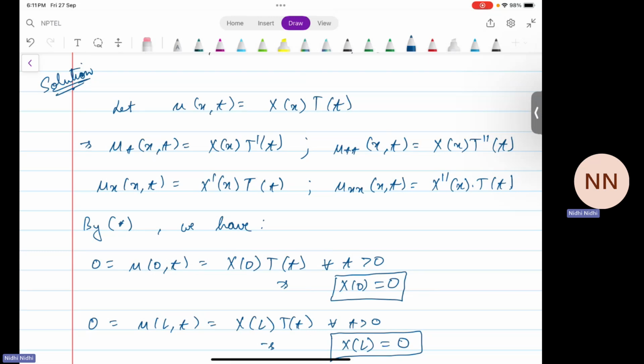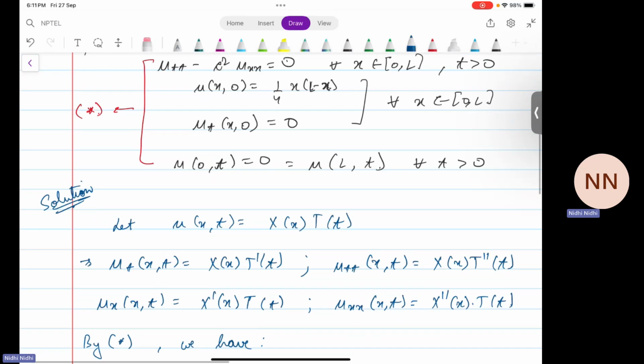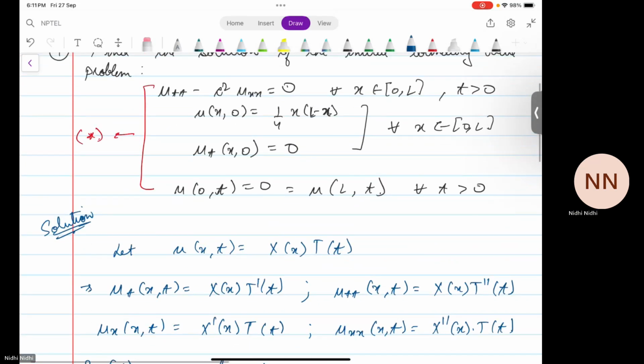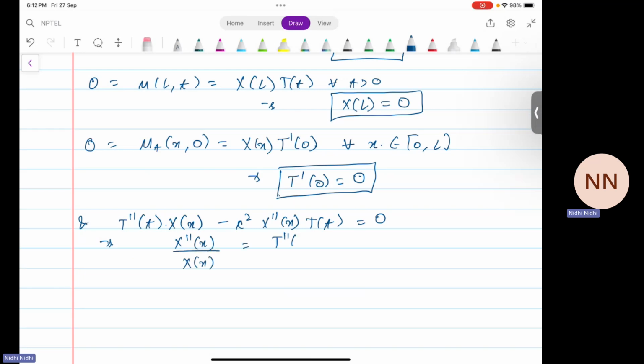Now putting the values of u_tt and u_xx in the equation u_tt minus c square u_xx equals 0, we will get T''(t)X(x) minus c square X''(x)T(t) is equal to 0. This will give us X''(x)/X(x) is equal to T''(t)/(c square T(t)).